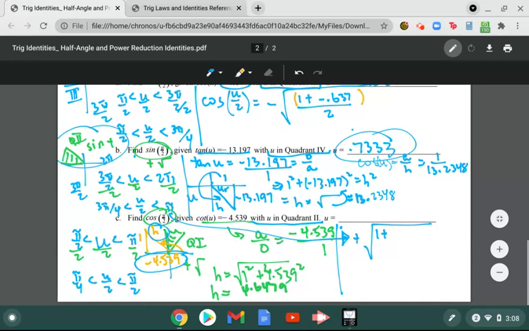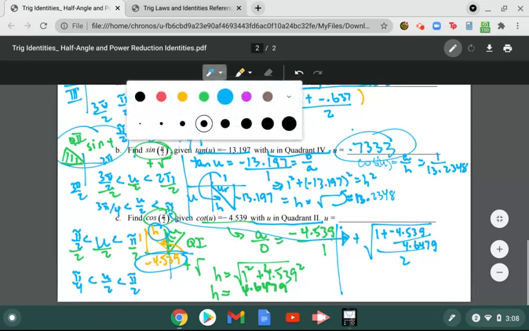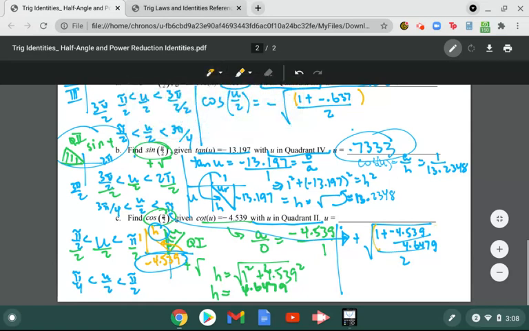So it's going to be negative 4.539 divided by 4.6479, all divided by 2. Parentheses, of course, around that numerator. Don't forget that. Gosh, we're going to have to work for this one.